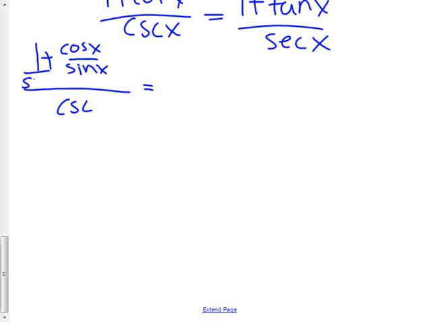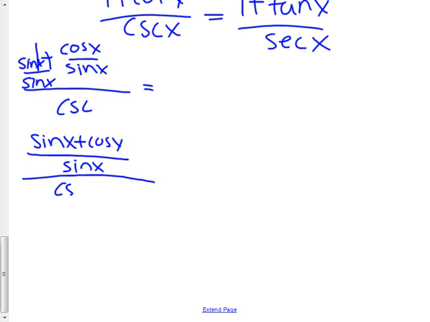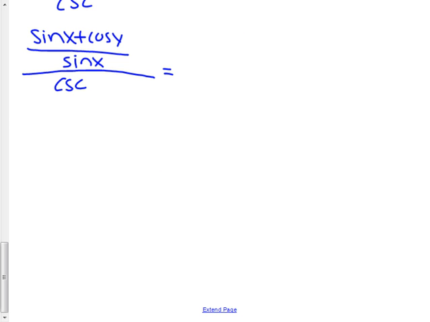So if I do that, then this all now becomes sine x plus cosine x all over sine x, still all over cosecant. Now, who thinks they know what I could do next?